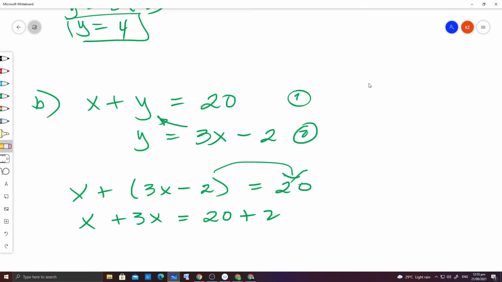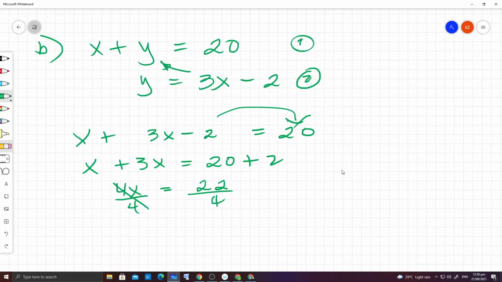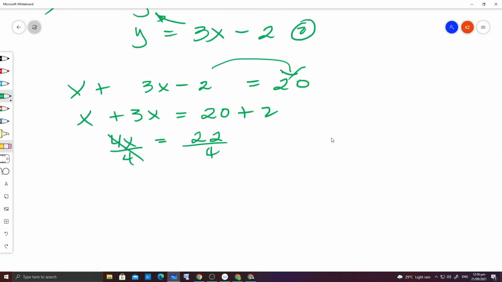Next, we have 4x equals 22, over 4, over 4. x is equal to 22 divided by 4, which is 11 over 2.